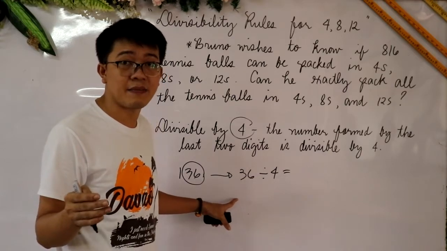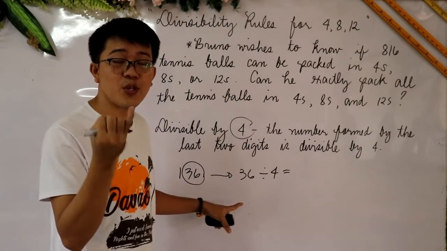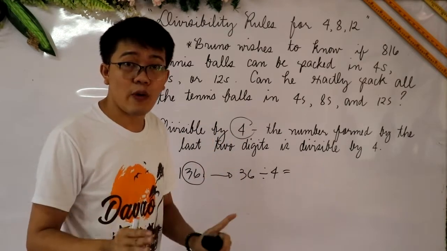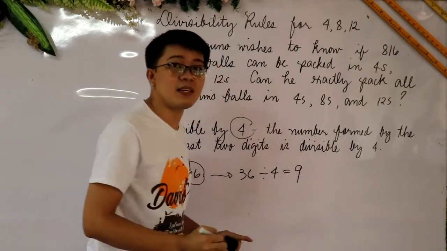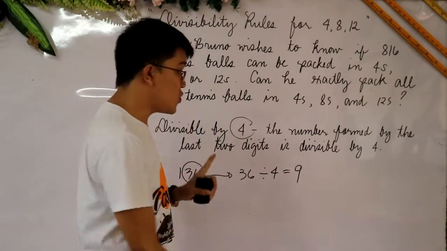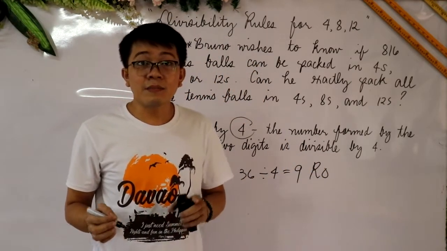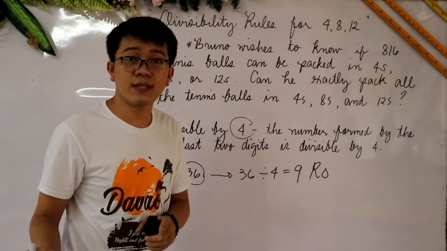Like 4, 8, 12, 16, 20, 24, 28, 32, 36. There are 9 fourths in 36. So we say that the quotient is 9 and there is no remainder. It means to say that it exactly divides 36.